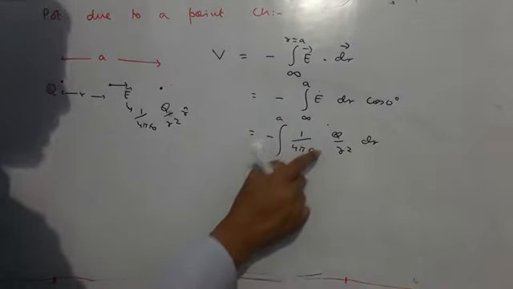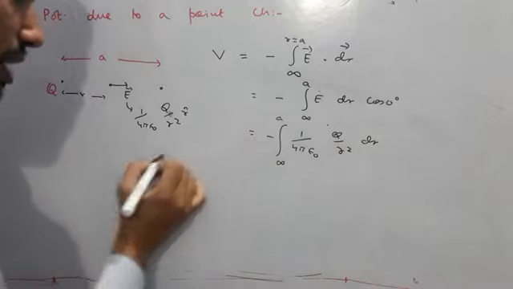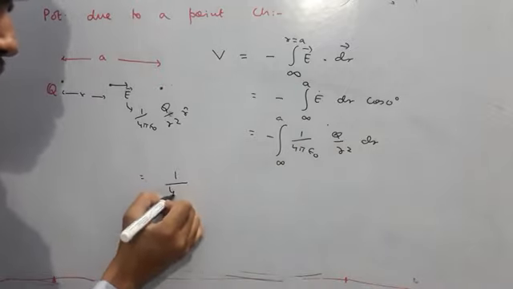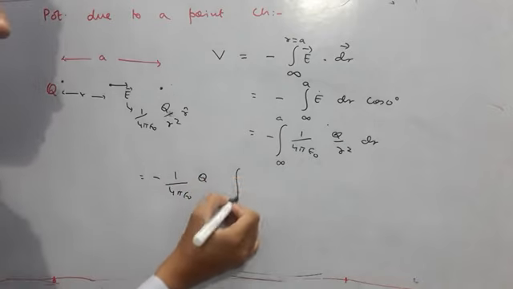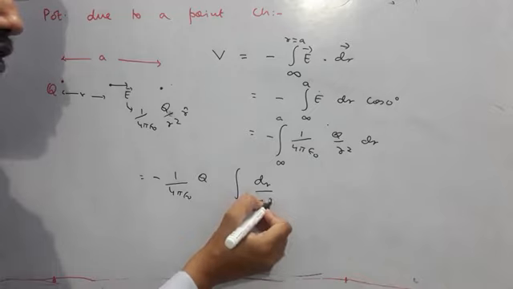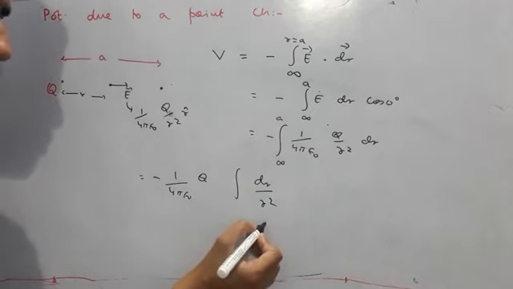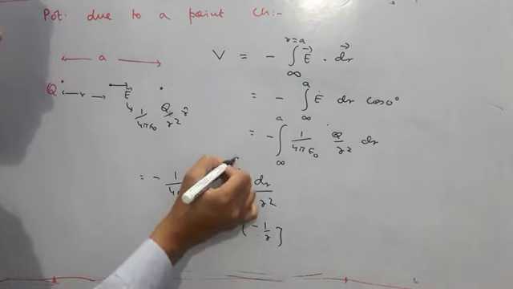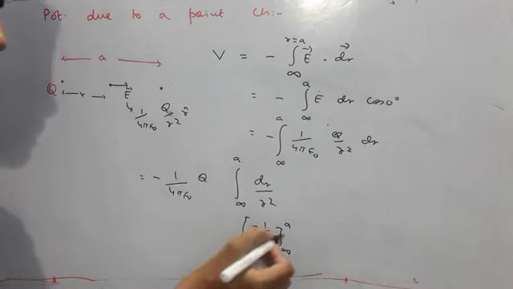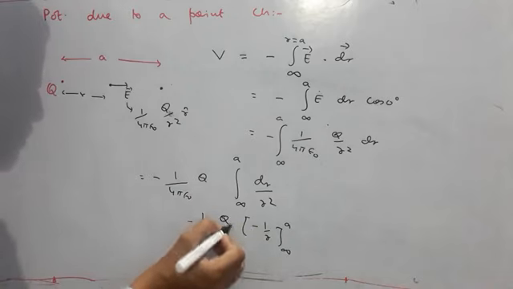Now this integration can be taken inside. The constant parts we can take out, so 1 by 4 pi epsilon naught and Q will come out. What is left behind is dr by R square. Now this integration is simple. Its value is minus 1 by R, with limits from infinity to A. So minus 1 by 4 pi epsilon naught Q times this much.